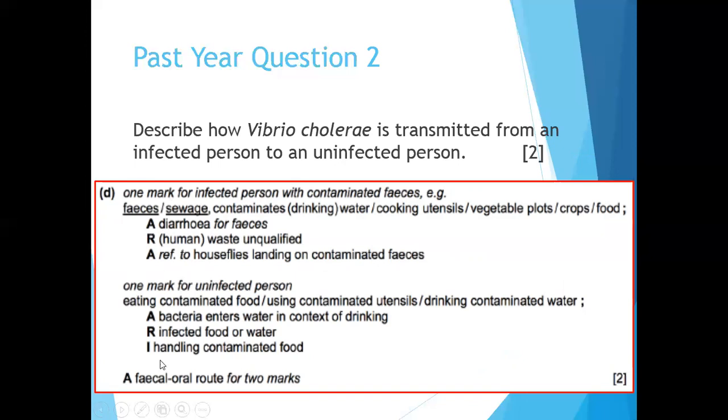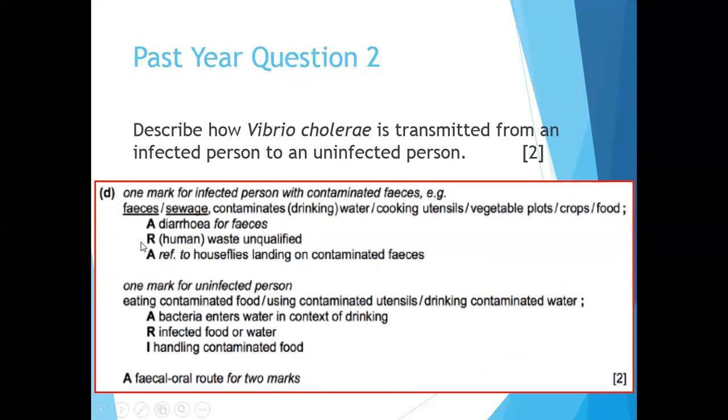So 1 mark each. For the infected person, the keyword is the same: either you talk about feces or sewage contaminating the drinking water, cooking utensils, vegetables, crops, food. If you don't write feces, they accept diarrhea because diarrhea is feces, right?